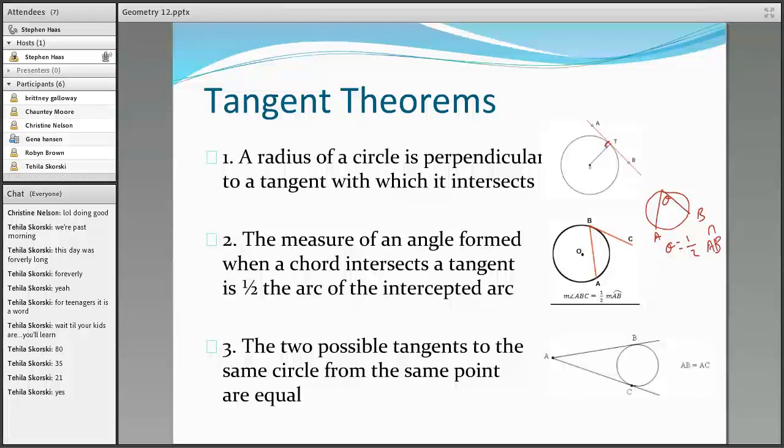Now, in this case over here, both were not secants, but both had their edges on the edge of the circle. Well, the same thing is true when you're talking about a tangent and a secant. In our example, in number 2, in this diagram over here, which line segment is the tangent? Who can tell me?